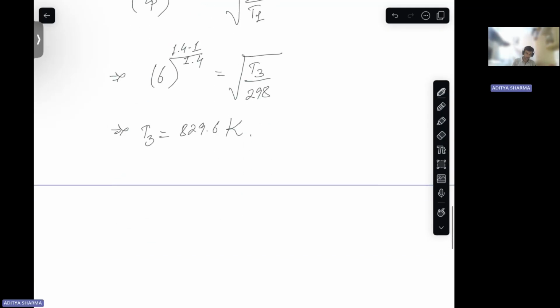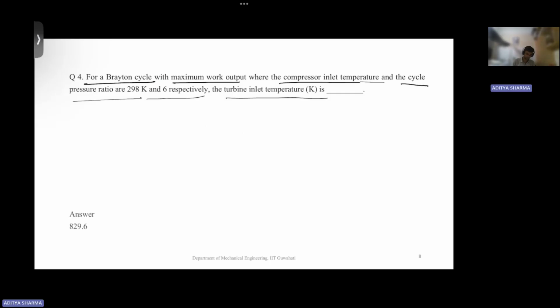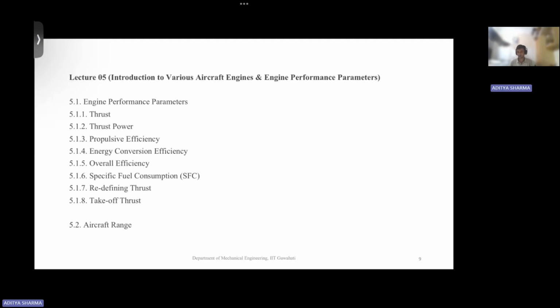So this basically is the answer to this question. And this is about lecture number 4.